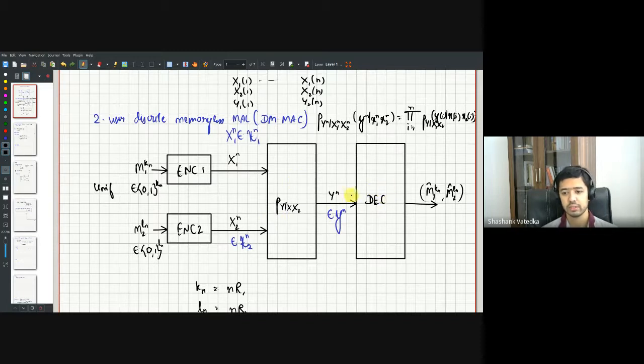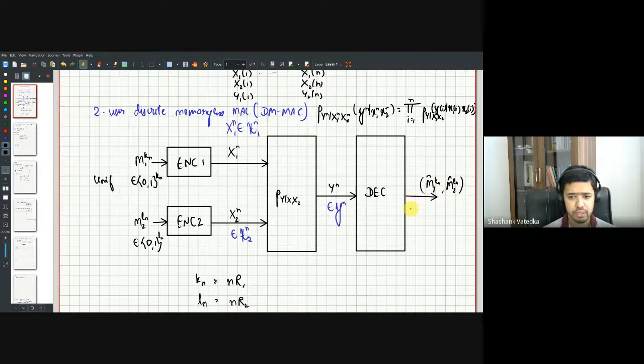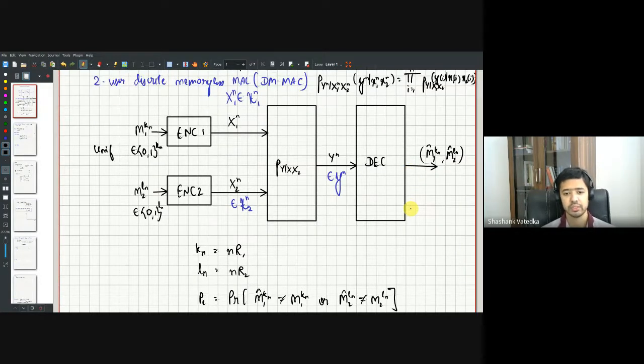The receiver observes the output of the channel, and from this makes a guess about what M1 and M2 are. All right. So the goal is to design these encoders and decoders such that the messages are decoded as correctly as possible.